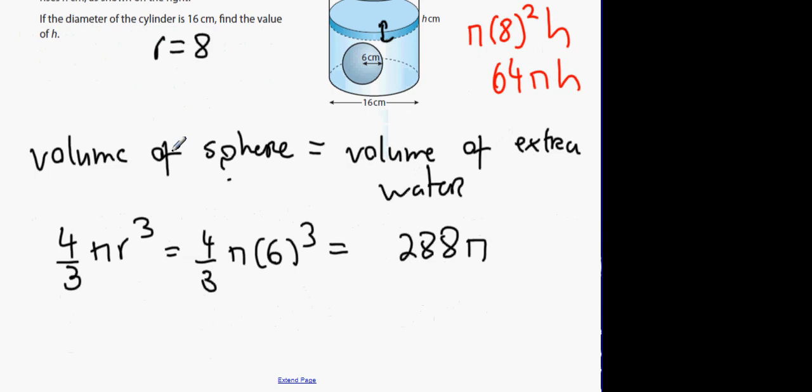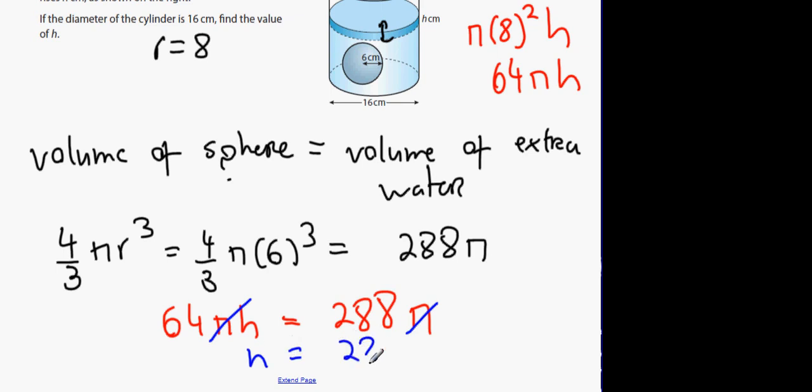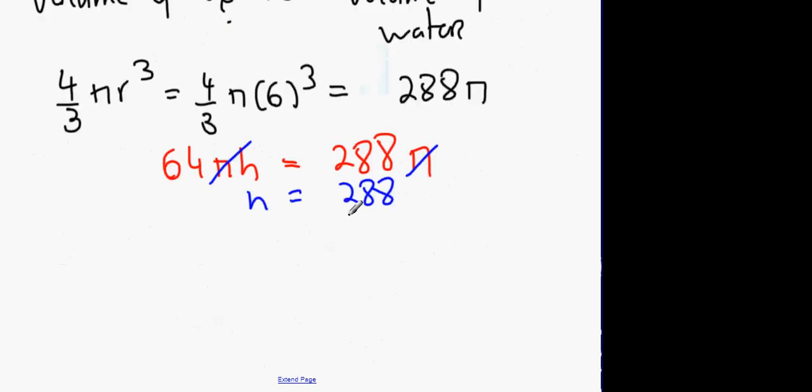Therefore, 64 pi h equals 288 pi. What cancels on both sides? And where does the 64 go? Underneath the 288. And what does the height equal? 4.5? Yeah. Good man.